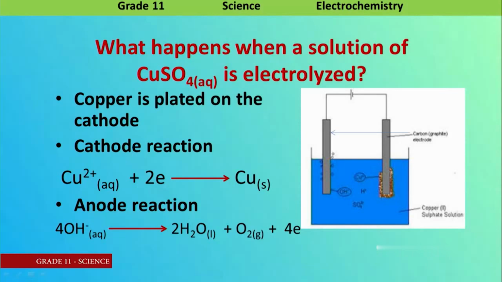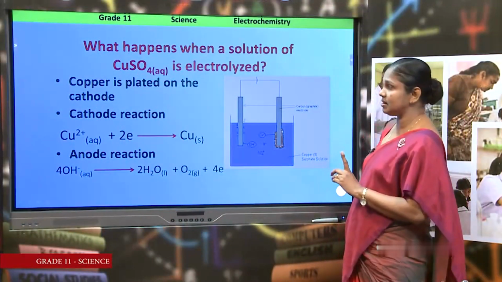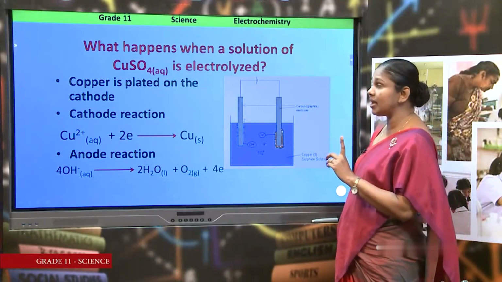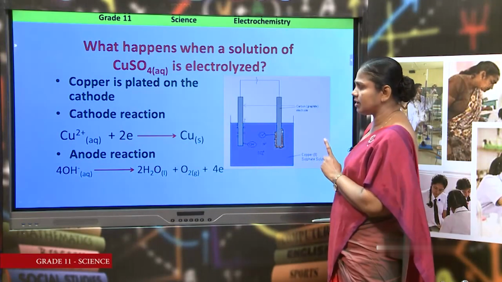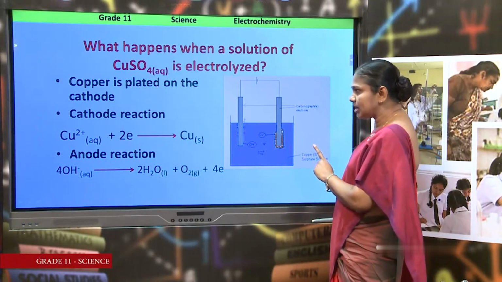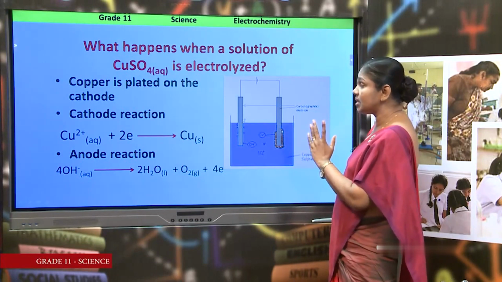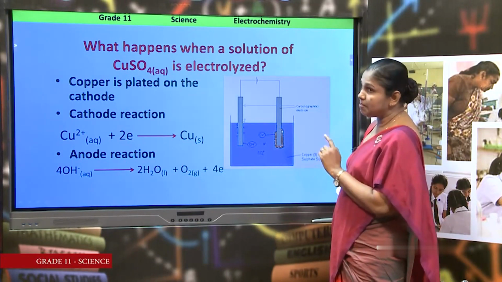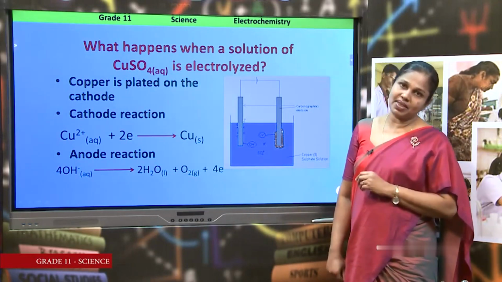As copper atoms are formed at the cathode, the cathode is plated by a metallic layer of copper. That's why we observe the cathode turns reddish brown color because of the formation of the copper metal there.